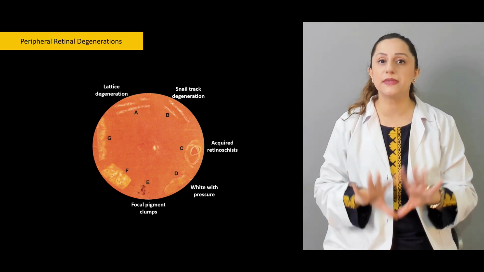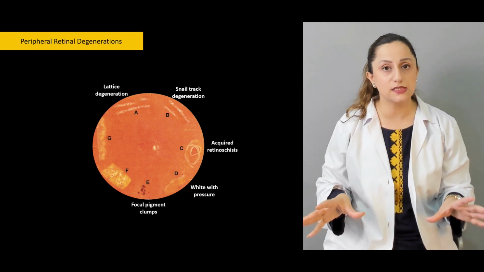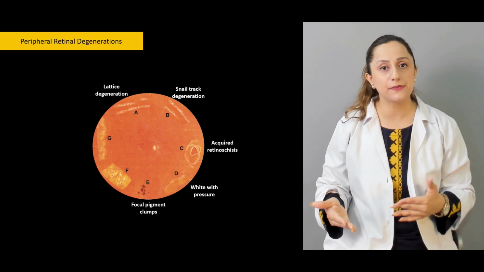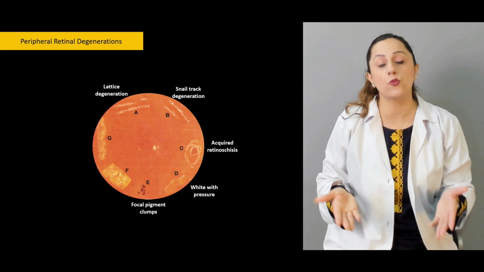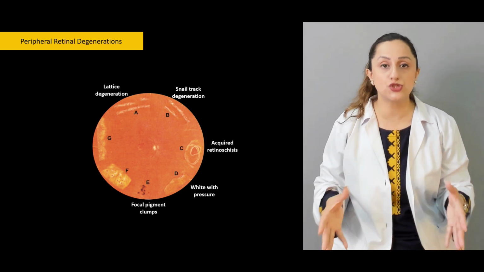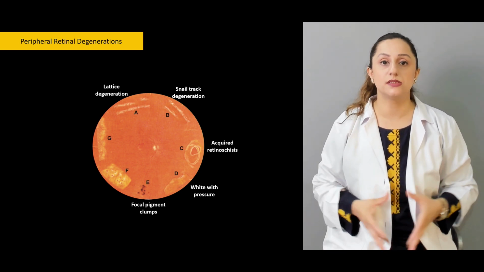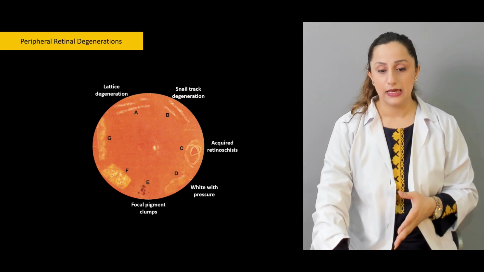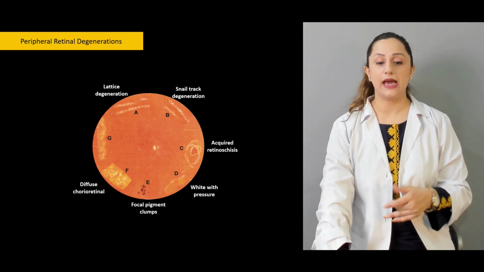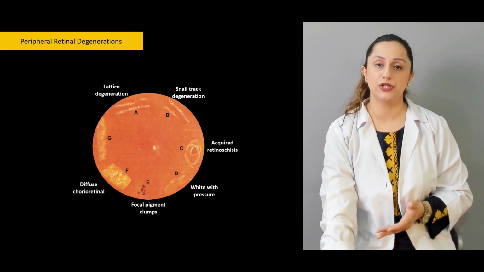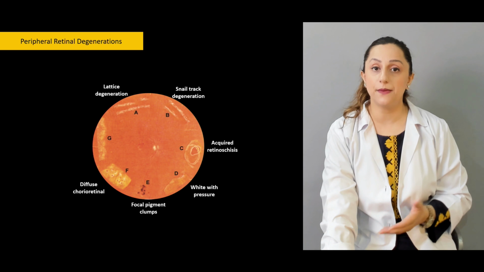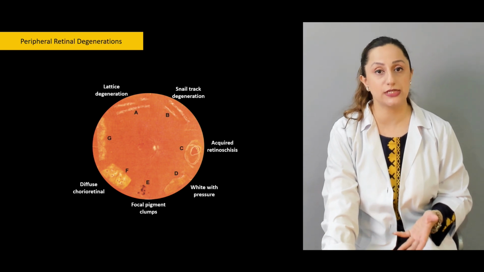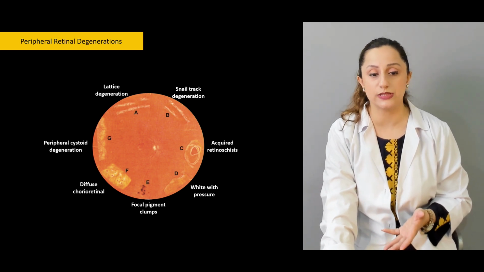The pigmentation can be quite scattered, sometimes resembling a condition known as retinitis pigmentosa, which is again a hereditary kind of retinal degeneration. On the other hand, we have the diffuse chorioretinal degenerations, in which the pigmentations are coupled with the degenerative mechanisms in these individuals.